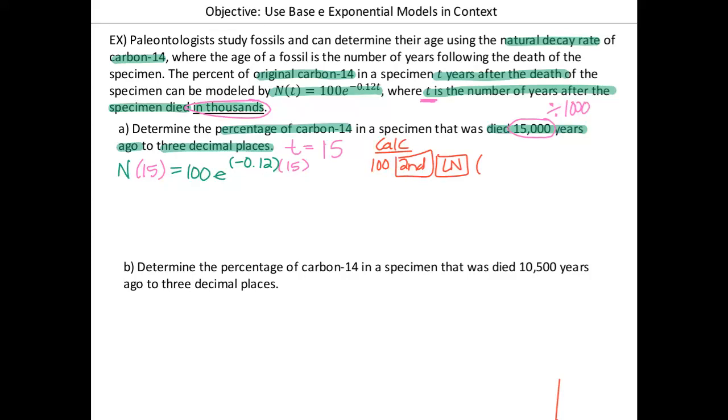So you want to use the negative button, and then the 0.12 times 15, close parentheses, press equals. Okay, so 100, second ln, negative 0.12 times 15, close parentheses, press equals.